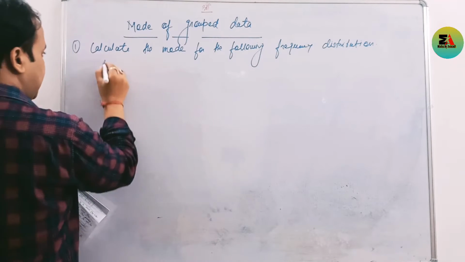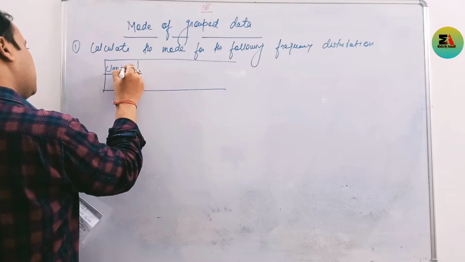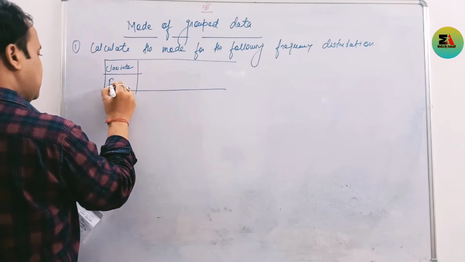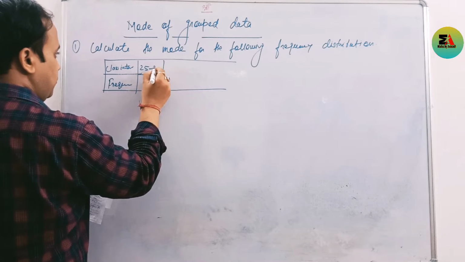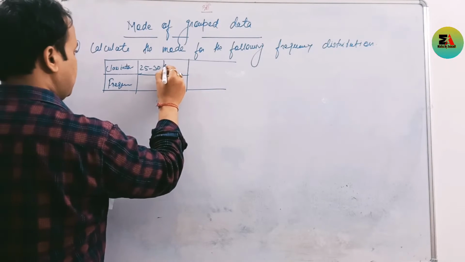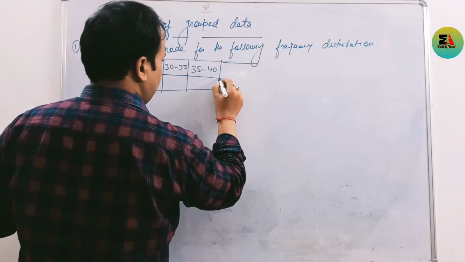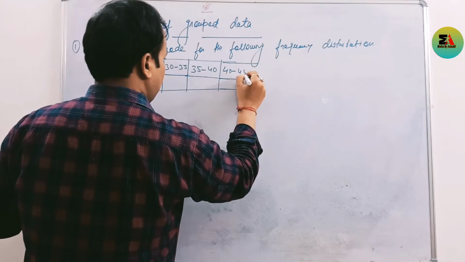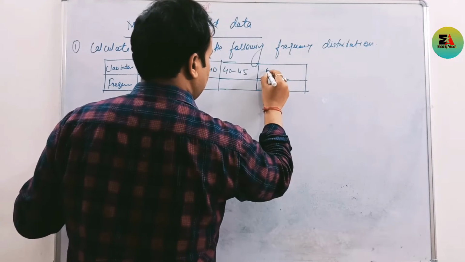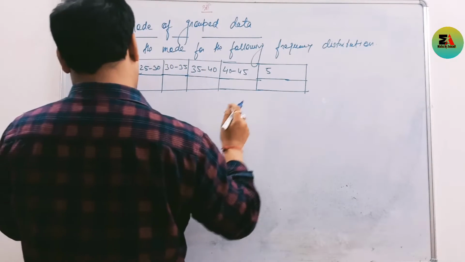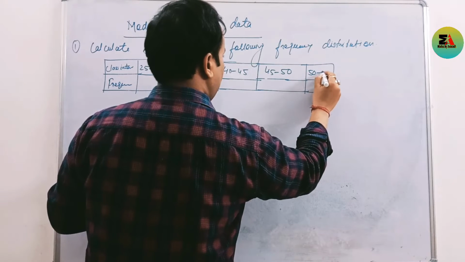The data table is given. This is the class interval and this is the frequency. The class intervals are 25 to 30, 30 to 35, 35 to 40, 40 to 45, 45 to 50, and the last one is 50 to 55.